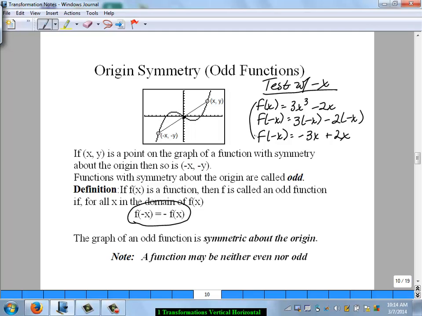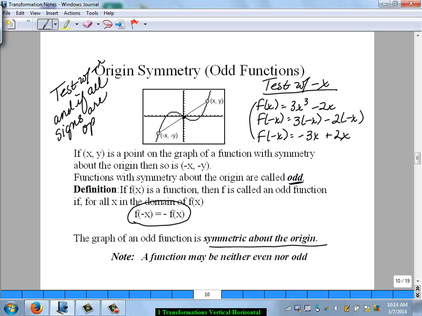So that means it's an odd function and it's symmetric about the origin. All right? So with odd functions, you test with negative x, and if all signs are opposite, I mean all of them, then it has origin symmetry or it's an odd function.